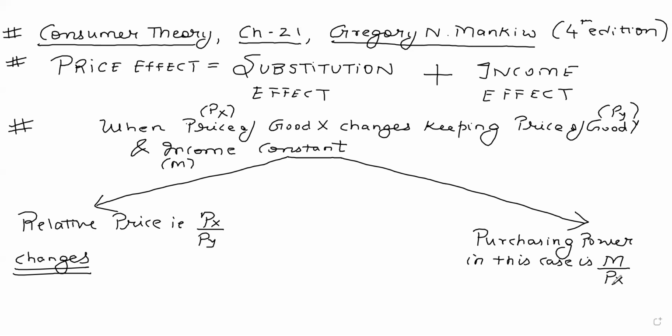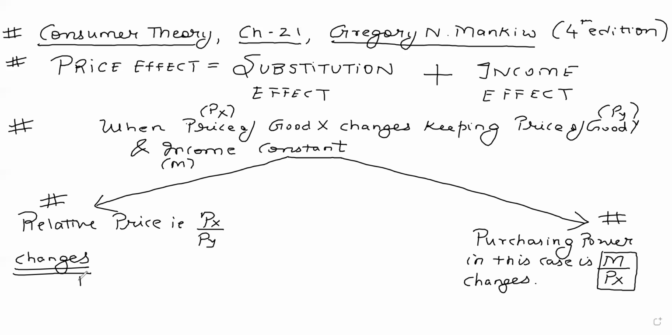So in this case, our purchasing power is M by PX. So purchasing power also changes. So we need to understand that when price of good X changes, keeping price of good Y and income constant, there are two forces coming into play. One is that when price of good X is changing, relative price is changing.